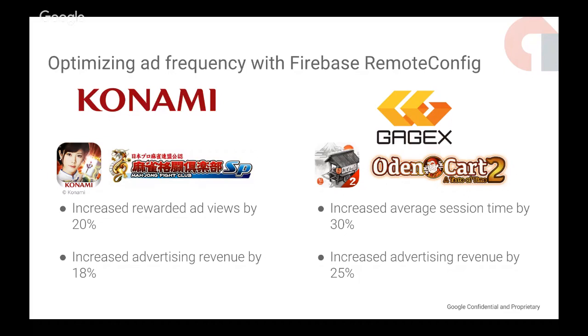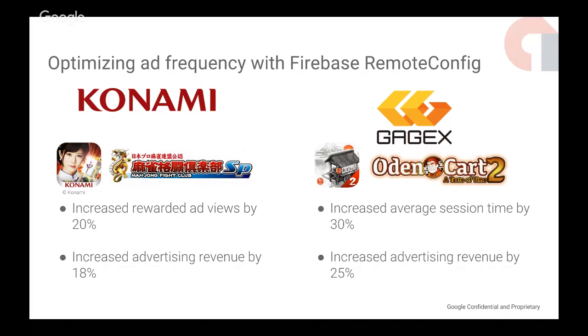As you know, with interstitials you always want to be careful, but with rewarded, you expect rewarded video to increase user engagement in your app. The interesting finding from Gadgets' case study was that even though they doubled the interstitial frequency, the user engagement didn't change at all.